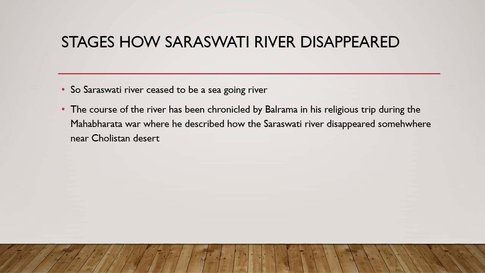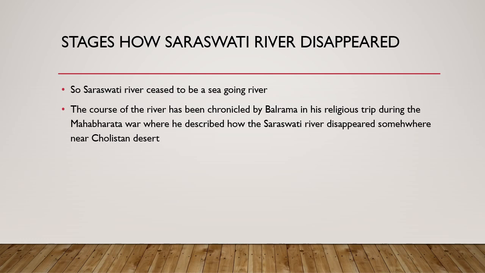In fact, the course of this Saraswati river has been chronicled in detail by Balram during his religious trip along the Saraswati river in the middle of the war of Mahabharata. As many of you may know, Balram didn't participate in the war of Mahabharata and he went on this religious trip.